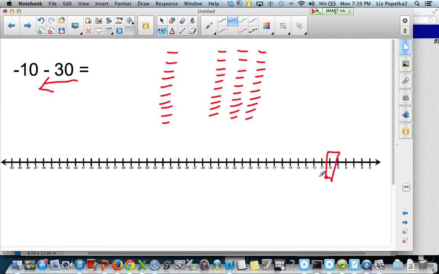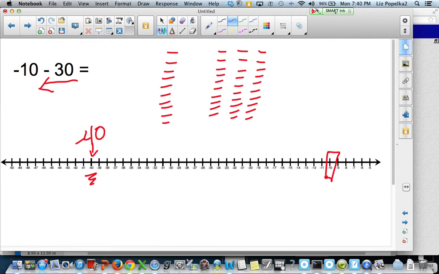So if I were to hop from negative 10, 30 places, 1, 2, 3, 4, 5, up through 29, and 30, I end up right here at the negative 40.